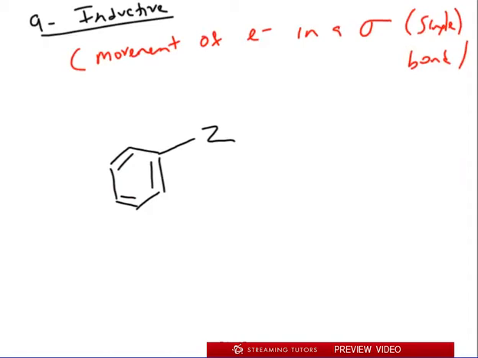So if Z is like, let's say, a methyl, then methyl is going to give electrons to benzene, but it does it through its single bond. So Z can either be pulling electrons away from benzene, like that, or it could be giving electrons to benzene like that. It really depends upon what Z is, right? And this is inductive. Notice that we're talking specifically about that single bond between benzene and Z.